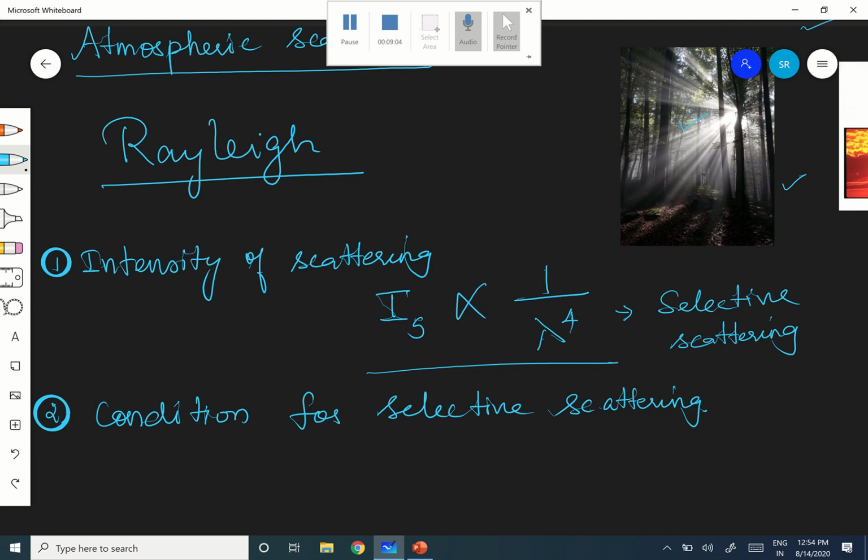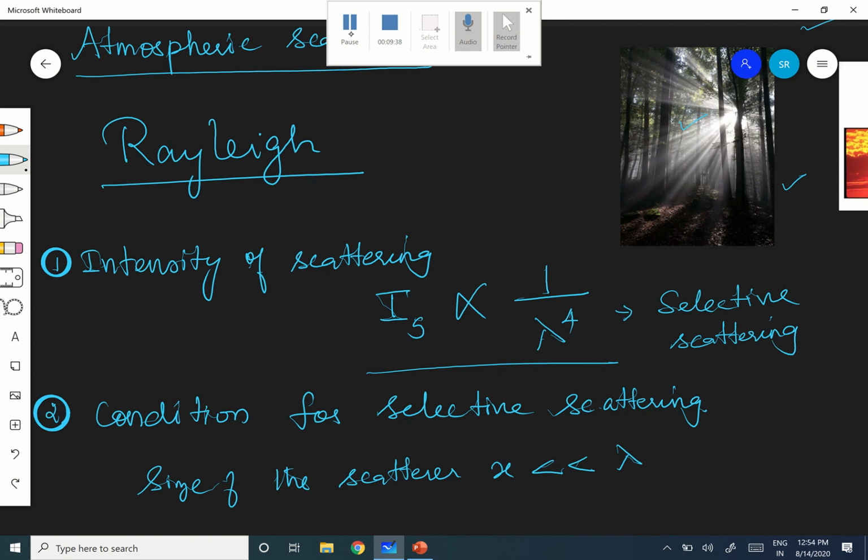Let the size of the scatterer be X. The size of the scatterer, X, should be very much less than the wavelength of the light which is being scattered.